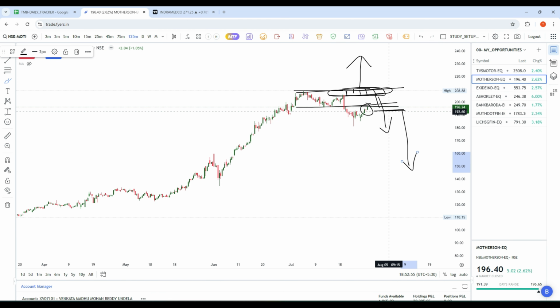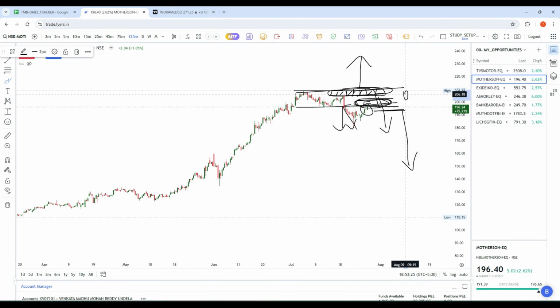What I am trying to tell you is, this is the zone where the supply zone is. This is the place where stop losses will be, because here it broke down. The stop loss for the shorts is going to be a buy, so because of these large buy stops, it will immediately create a big green candle.